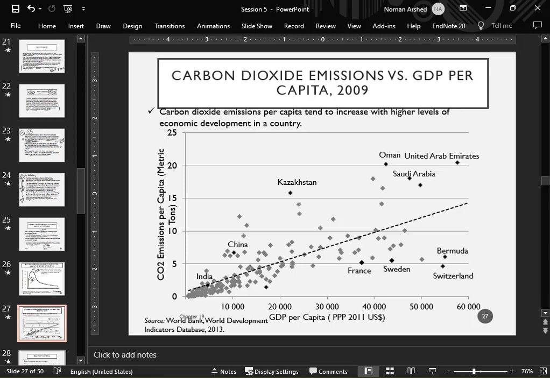If this line is a unit relationship between GDP and CO2, then the elasticity will be equal to 1. The countries above have elasticity greater than 1, and these have elasticity less than 1. So these countries are relatively reducing environmental damage, and these are increasing it. This was a study by the World Bank based upon a data set, comparing the data in 2009. Okay.